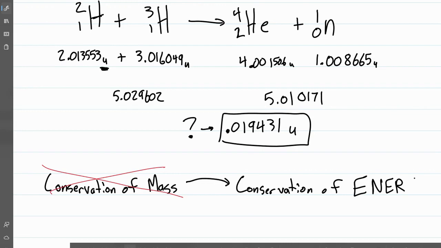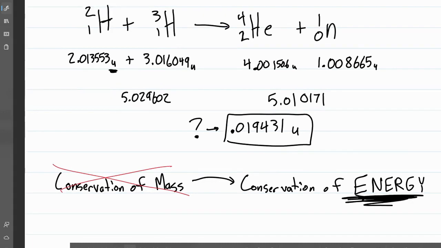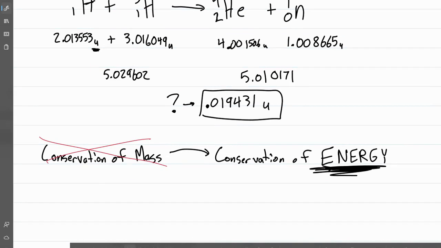So we don't have this conservation of mass anymore. We have essentially what would turn into conservation of energy. And I would be even more shocked as before if you had not heard of his equation to relate these: E equals mc squared.